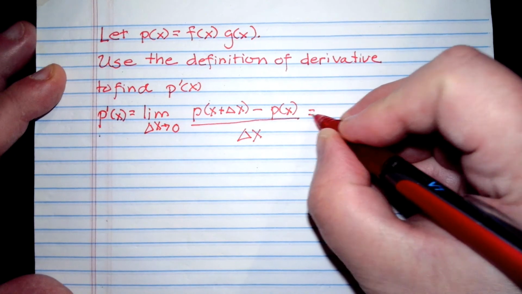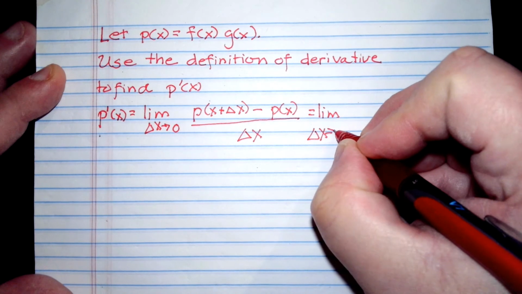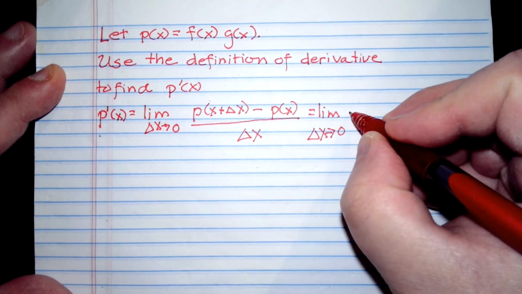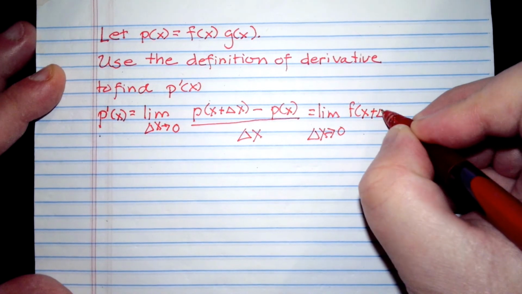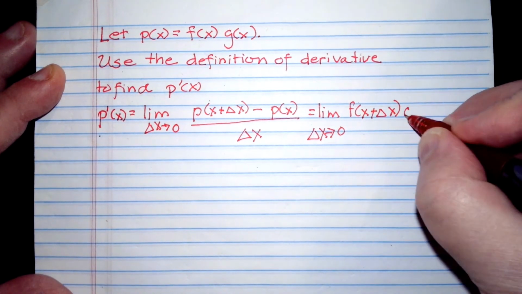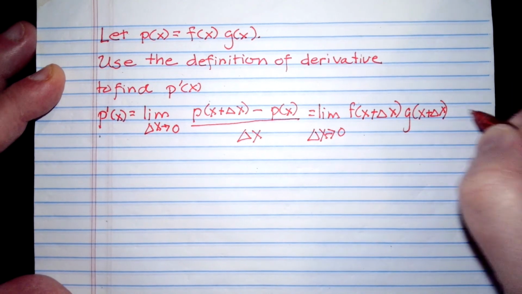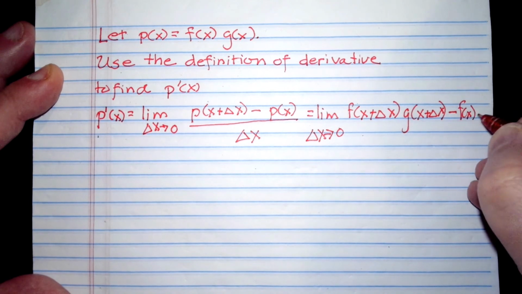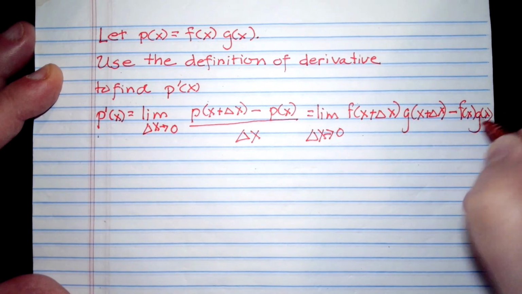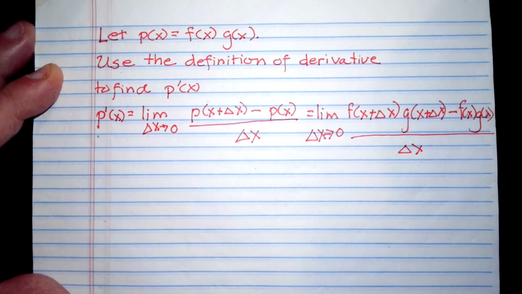So this is going to be the limit as delta x tends to 0 of f of x plus delta x times g of x plus delta x minus f of x g of x all over delta x.